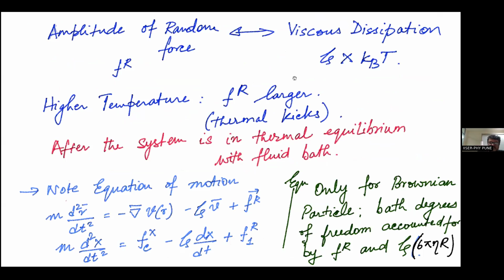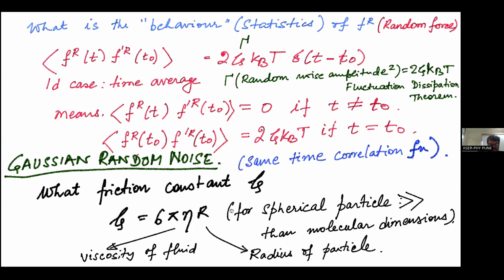Note zeta is sitting there. Now note what is there inside zeta. You have the viscosity of the fluid. What is the viscosity of the fluid? It's a fluid property. On the other hand, r is the radius of the colloid.